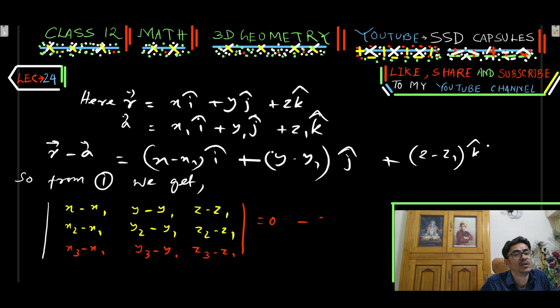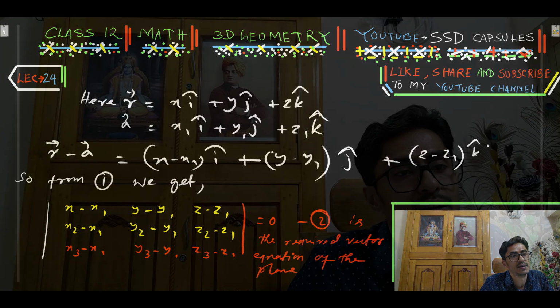Determinant value is 0. Equation 2 is the required vector equation of the plane. So we are done.